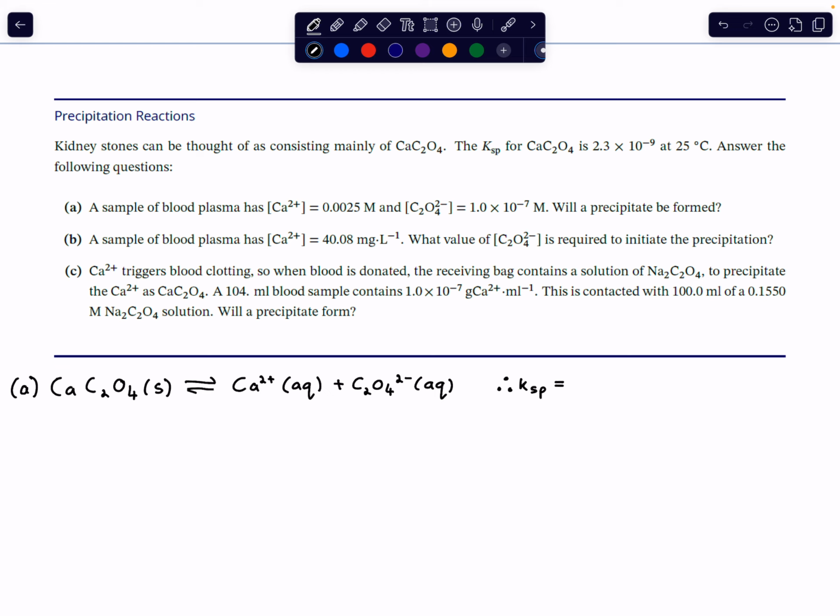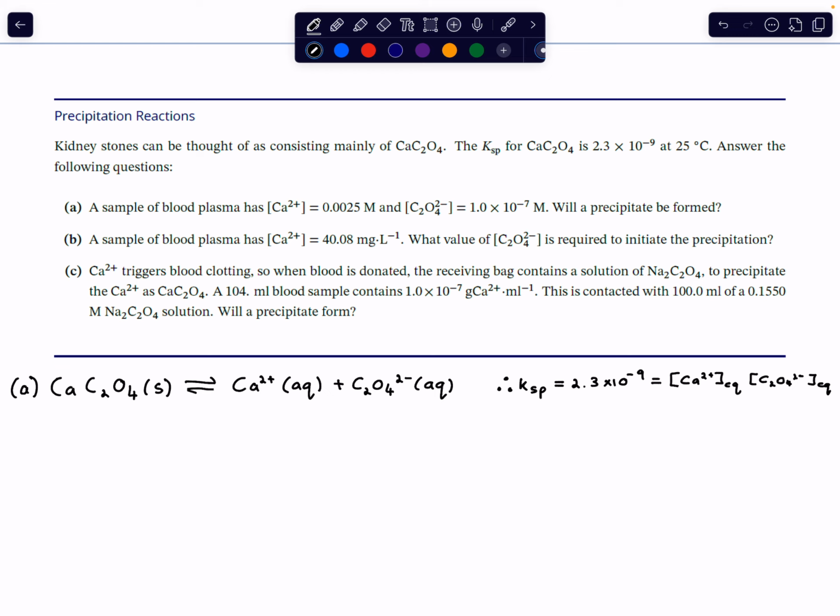KSP equals 2.3 times 10 to the negative 9. And from our equilibrium, we can write that this is equal to the concentration of calcium 2 plus at equilibrium multiplied by the oxalate anion concentration also at equilibrium.